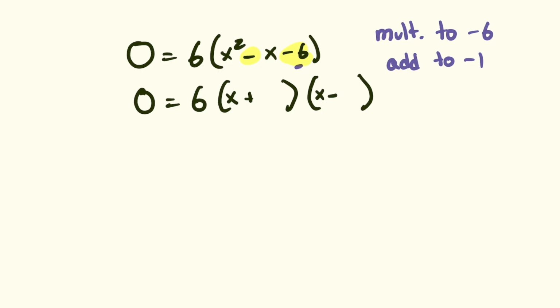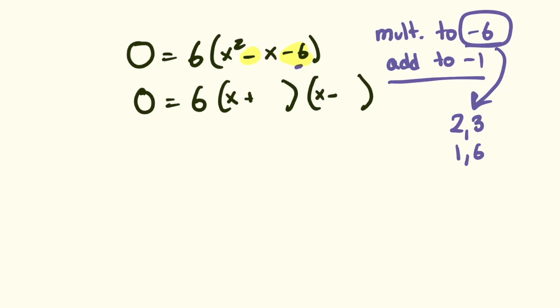And because we're going for a negative 6, one of the nice things to do is to say, okay, 6 factors into 2 times 3 or 1 times 6. And we want the difference between those two numbers to be 1, because we need those numbers to add to negative 1. So we're going to take a 3 and a 2. That is going to be the one that will work for us because those are 1 apart.